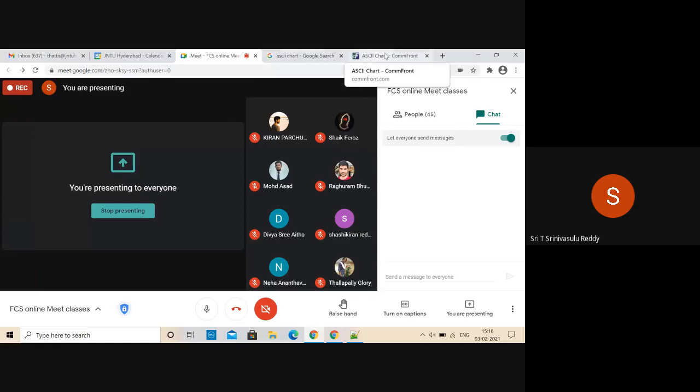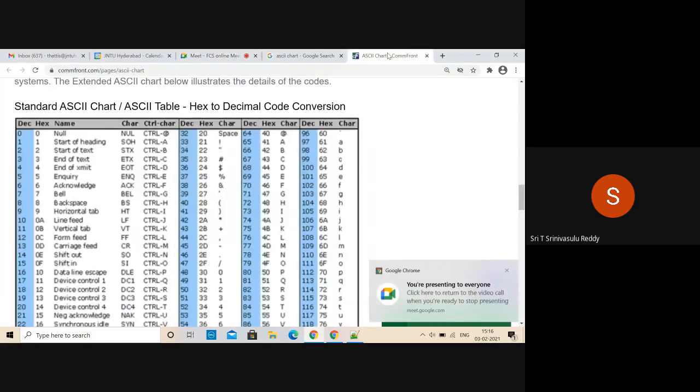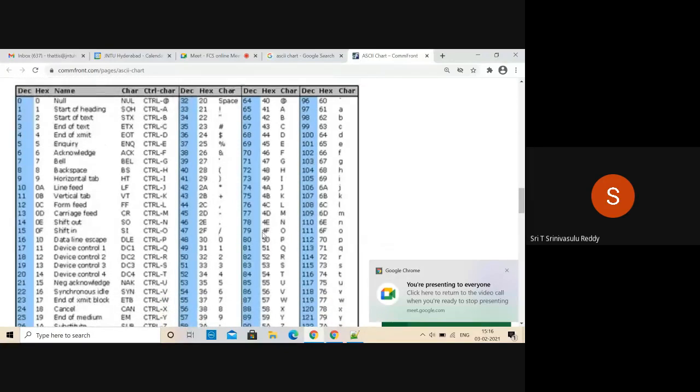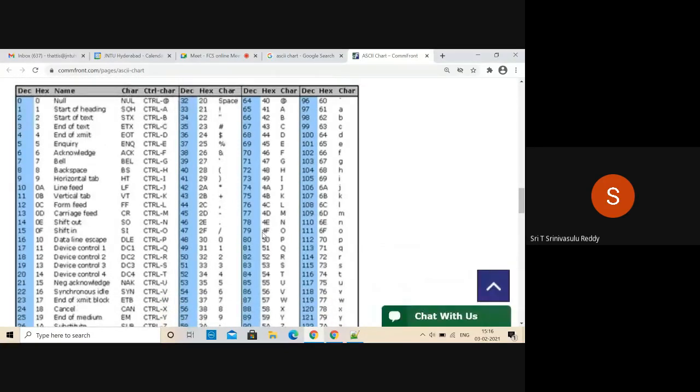All right, so let me go back to the ASCII chart here. This is the ASCII chart actually. You can very easily see here. All of you must try to actually remember these things. And it is not that difficult.